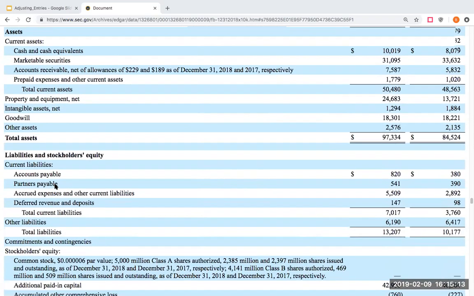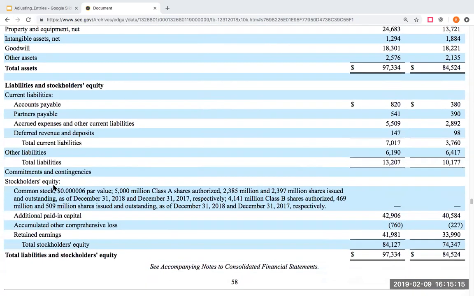So over here, when I look at liabilities and stockholders' equity, what you're going to notice as well is we have total current liabilities of $7 billion, and then everything else is just dumped down here. With my current liabilities, I have accounts payable, partners payable, and accrued expenses.